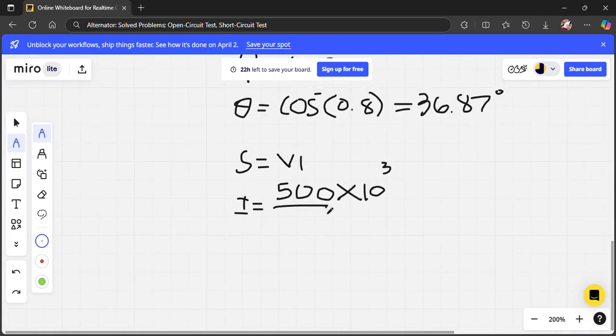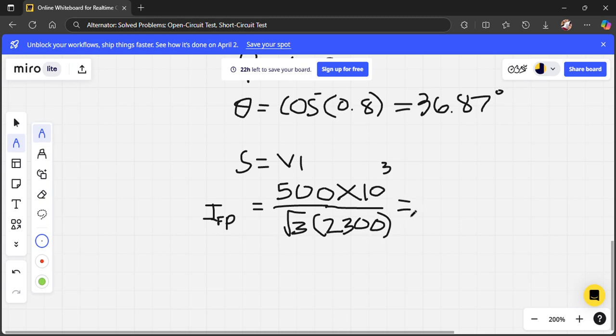We should always convert this current to per phase, so this is the full load current per phase, IFP. We should have a square root of 3 times 2300.